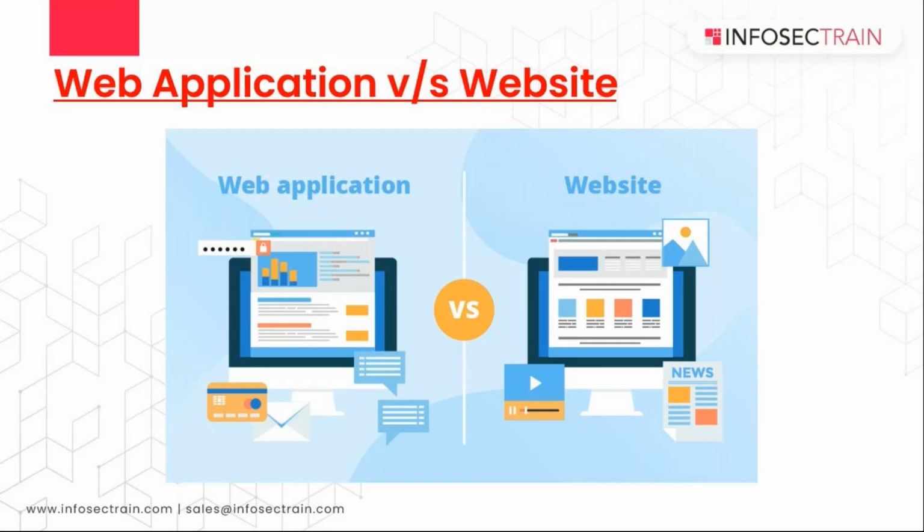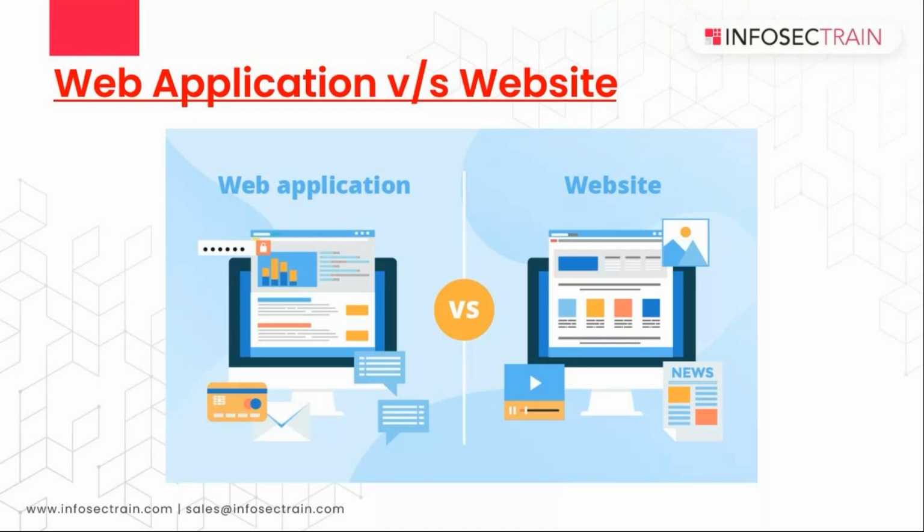Take any social media app, let's say Instagram. The Instagram page is not the same every time you load it; it will show you different posts. That's dynamic. A website is static, meaning the same information every time. If there is a blog, that blog will stay the same and nothing will change. That's the meaning of static.